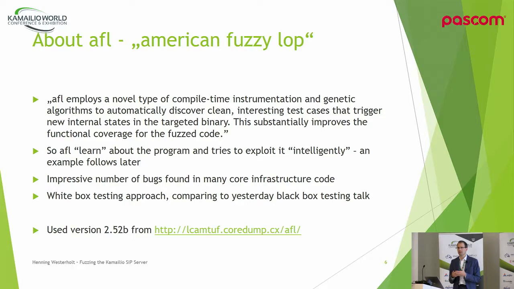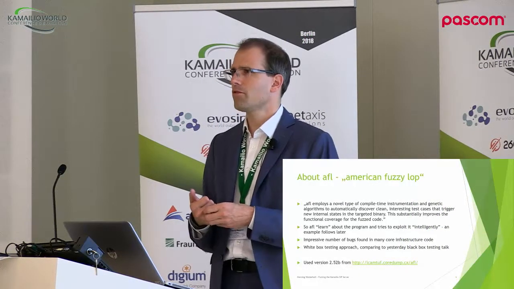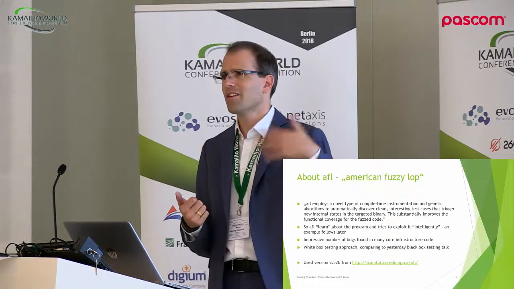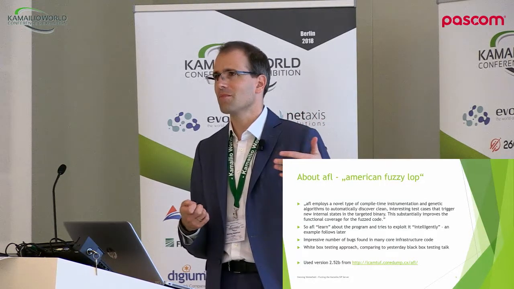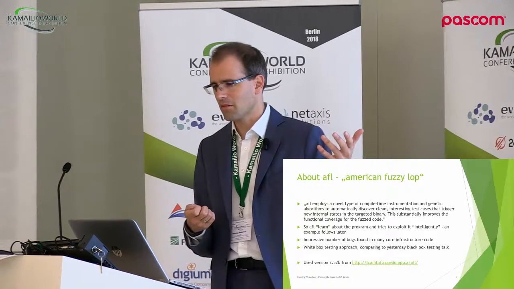So imagine you have an if and else condition. A brute force fuzzer would just simply increment, for example, some characters, some integers, and will run into the same if case again and again and again.